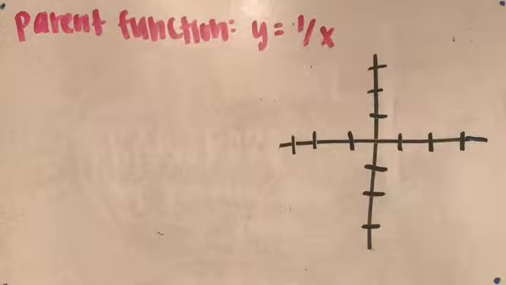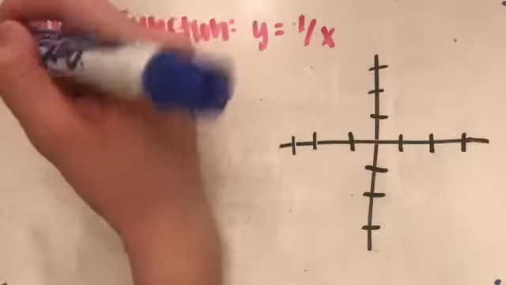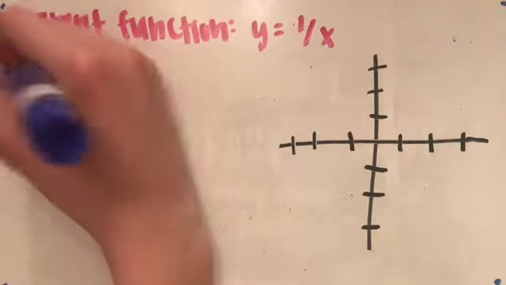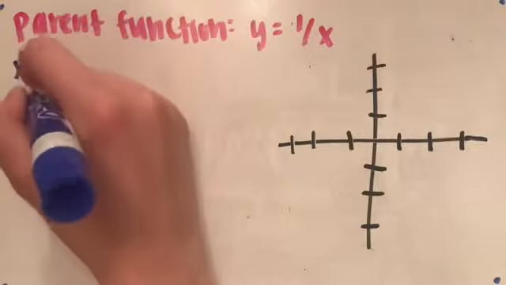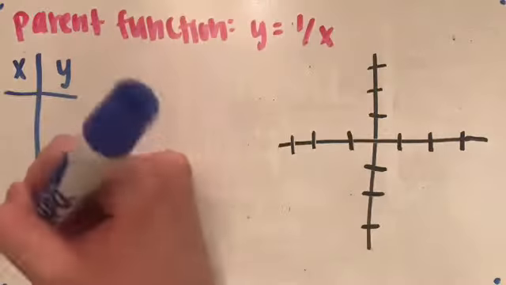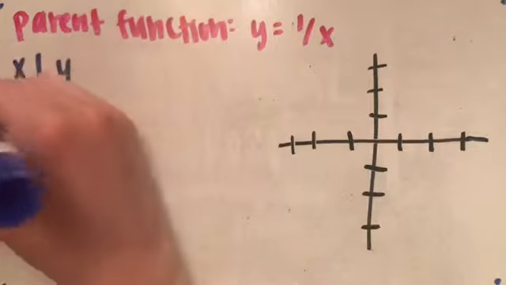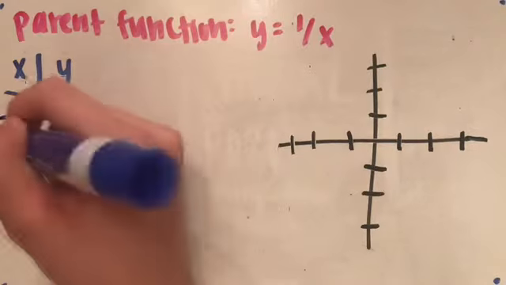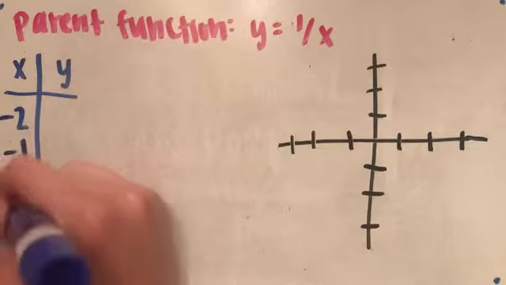In order to graph this, we will start by creating a table. On the x side, we will put our usual numbers, so -2, -1, 0, 1, and 2.